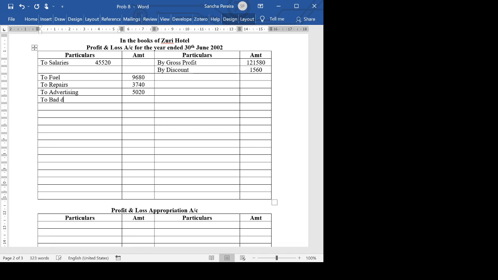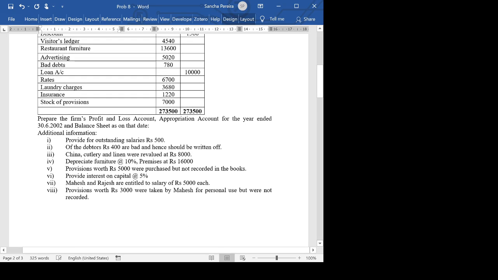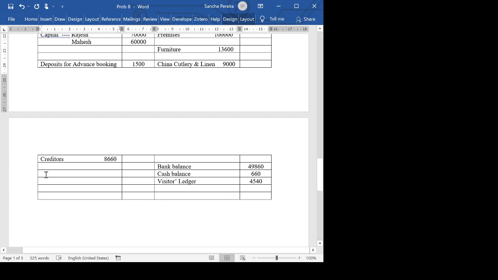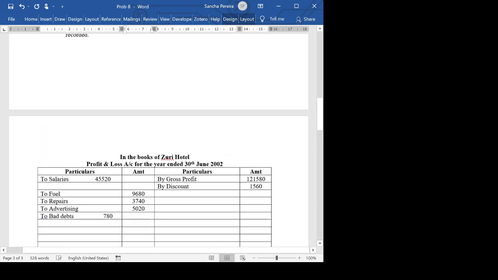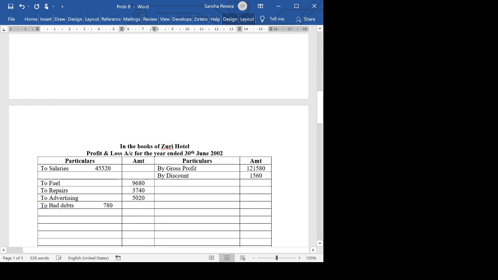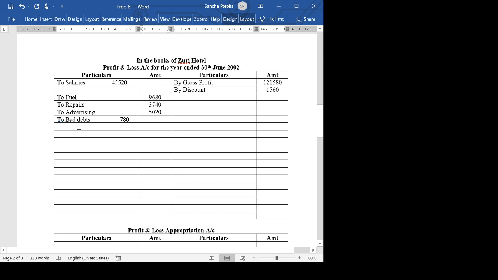Then there's an adjustment to this. Loan account 10,000 in the balance sheet. Leave a line for the adjustment. It's a loan taken. It's a liability because it's showing a credit balance. It can be a loan asset as well if it was a debit balance, right? It's a loan given. Rates 6,700.